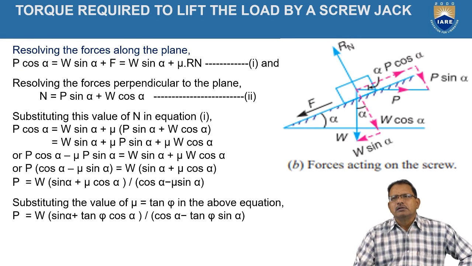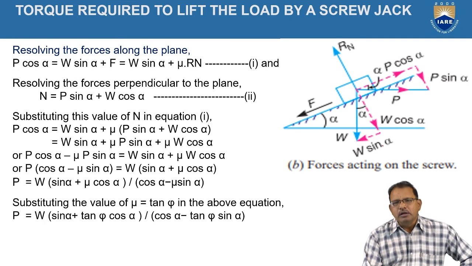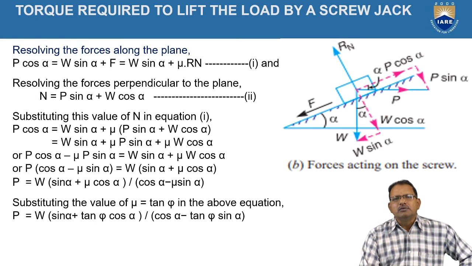Now we consider the body moving up the plane by the application of the load in the horizontal direction. I am now representing the forces acting on it. One is the weight W acting vertically downward. It can be resolved into 2 components, W sin alpha and W cos alpha.